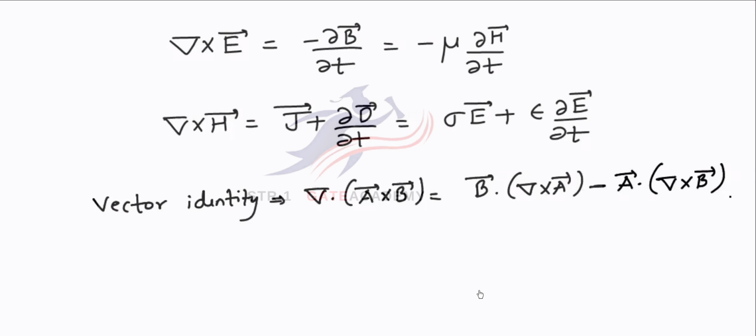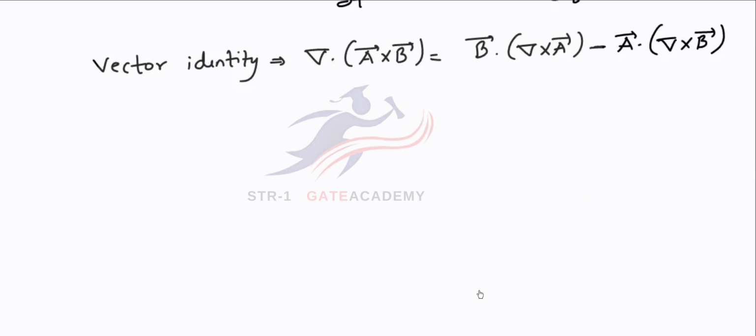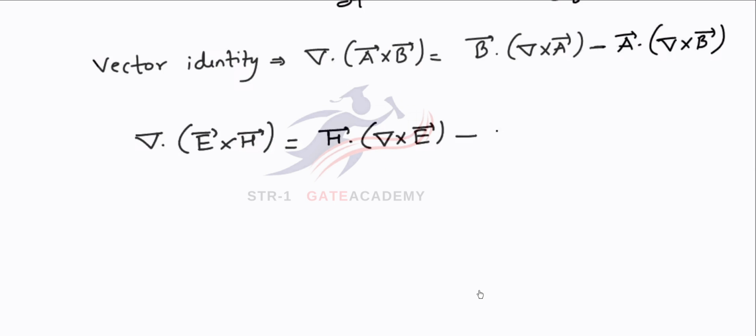So what I'll do is, I'll find del dot E vector cross H vector. What is del dot E cross H? It is H vector dot del cross E vector minus E vector dot del cross H vector.